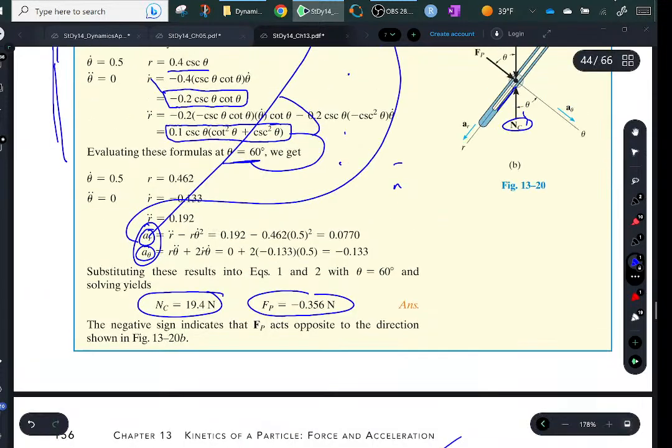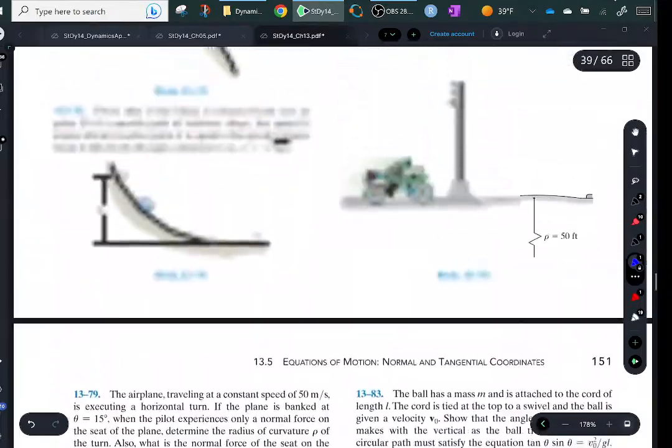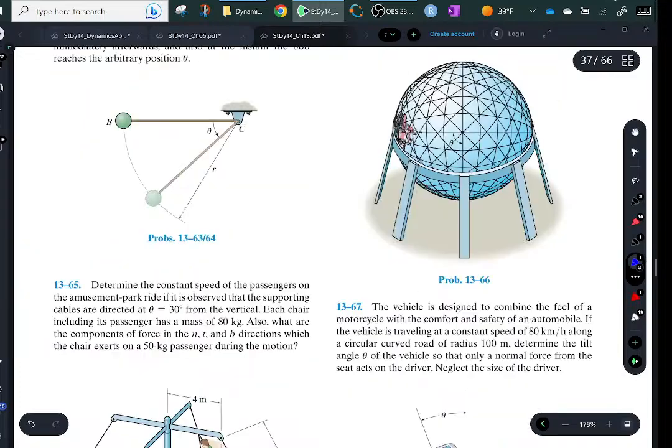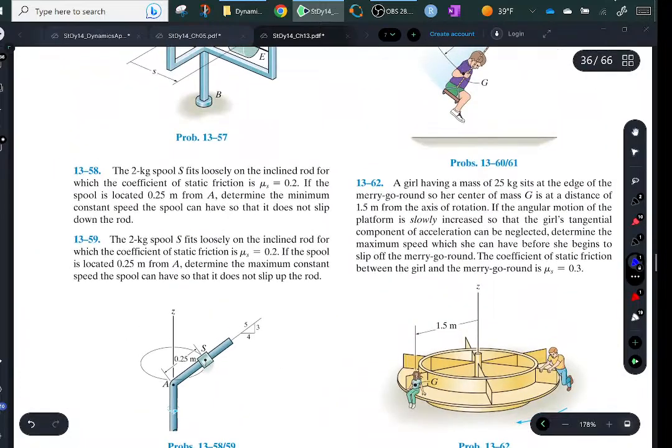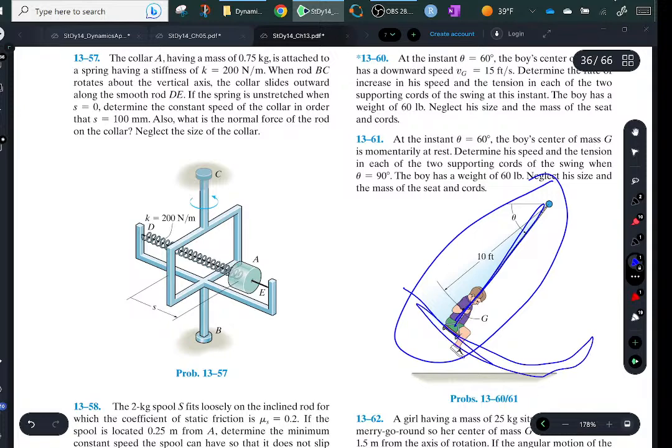There are the ones with the normal and tangential, but I kind of look at those as being a subset of the polar coordinate. And usually they're easier because like this kid on the swing, it's just a constant radius of motion, and he's swinging back and forth like a pendulum.